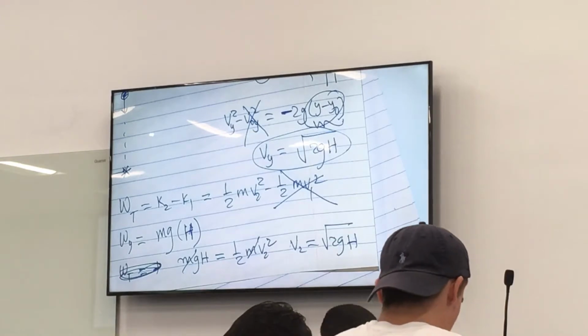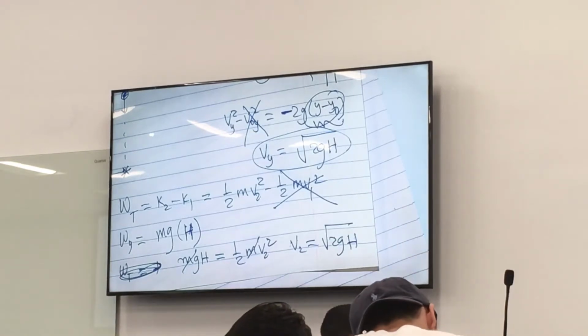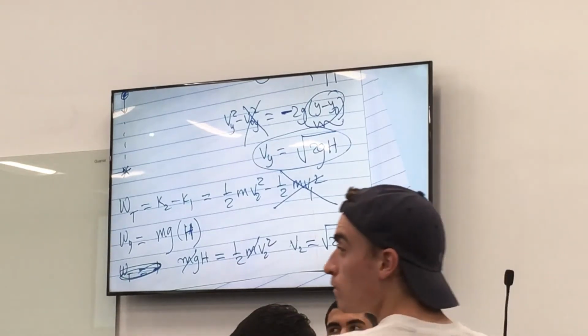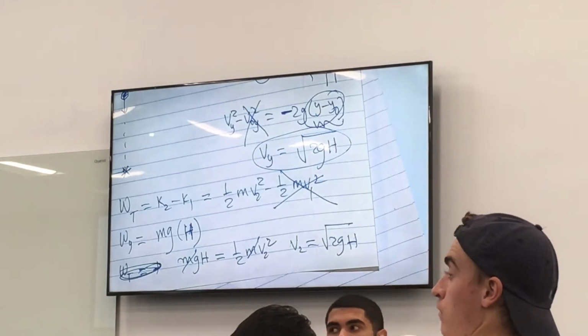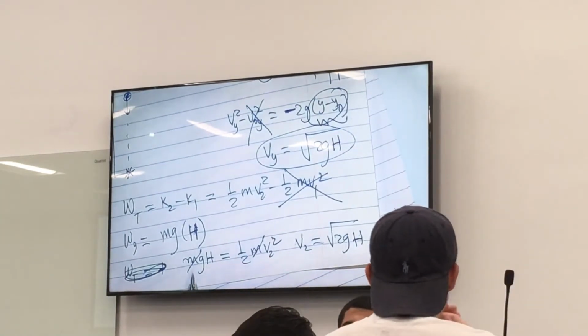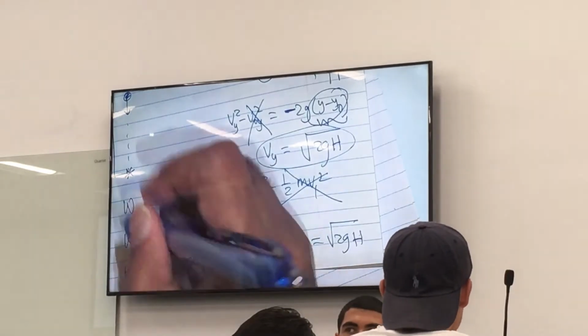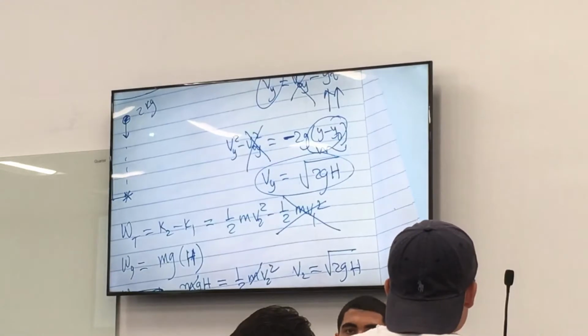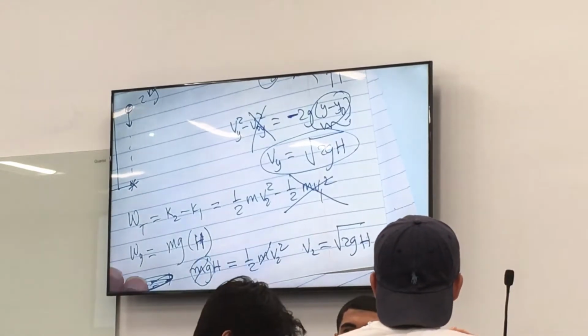It's still kind of confusing to me why you don't need to know the weight of something. You don't need to, because the mass is going to cancel out. You will most likely be given a mass, 2 kilograms or 5 kilograms, which gives you mg.